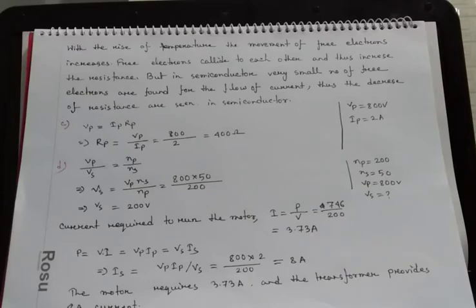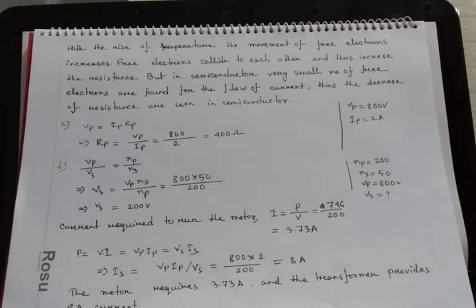As we know from Ohm's law, for the primary winding we can write Vp equals Ip Rp, then Rp equals Vp over Ip, and we get the result over here, 400 ohm. We have to determine the resistance for the primary winding, and this is our result, that is 400 ohms.